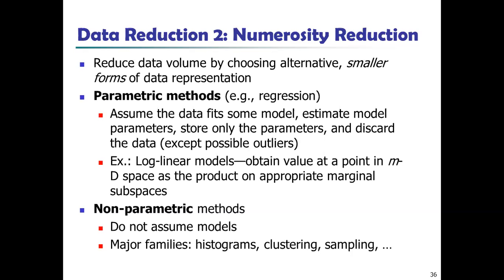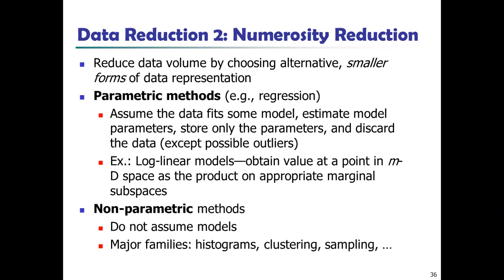What are the parametric methods we use in numerosity reduction? The example is regression, linear and non-linear regression methods. Parametric methods are simply called regression, and non-parametric methods are non-linear techniques. In the regression method, assume the data fits some model, estimate the model parameters, store only the parameters, and discard the data.